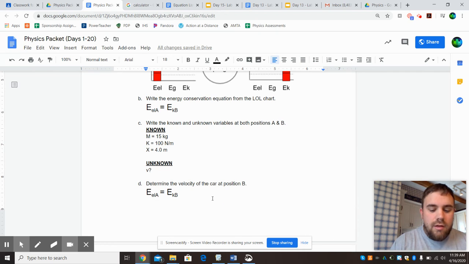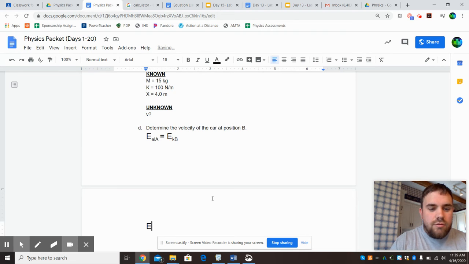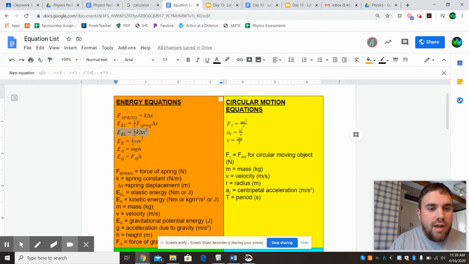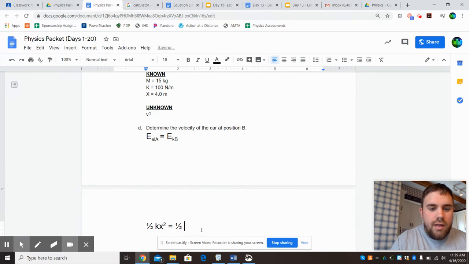So I'm going to say the elastic energy is 1/2 K times delta X squared. And then I need to set that equal to my kinetic energy equation, which I know is 1/2 mv squared. Now I just need to plug in my known values.